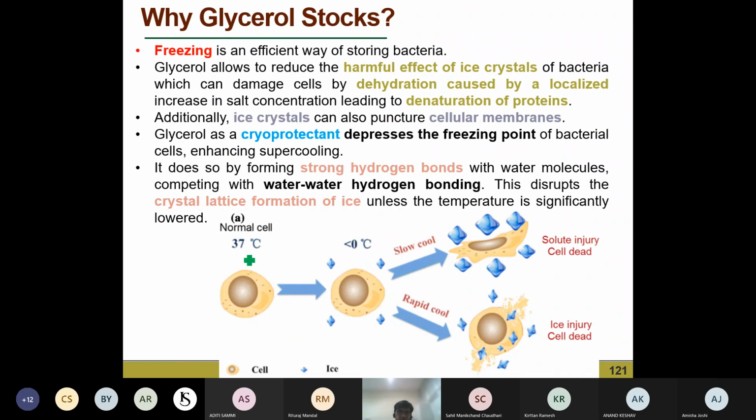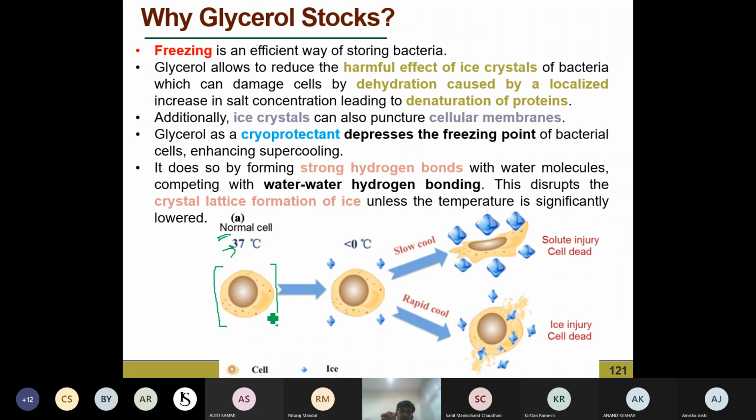If we see a normal cell at, for example, 37 degrees Celsius, depending upon the type of the cell, it has different organelles and different components like the cytoplasm and the cell wall and so on.